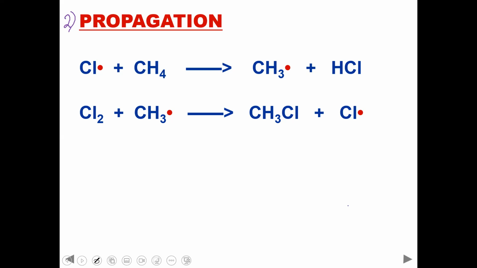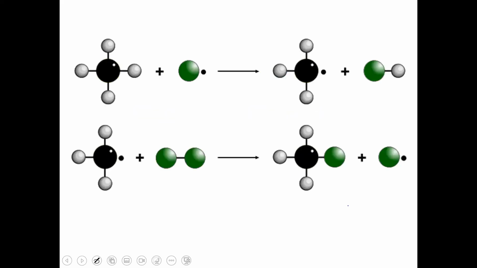The second one is actually the methyl free radical attacking chlorine. It is just like that zombie example. The free radical is reactive, and it wants to attack whatever comes in front of it. It's so reactive that it is ready to attack anyone. It doesn't matter who comes in front of it.